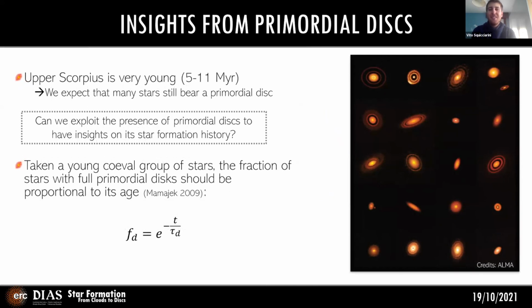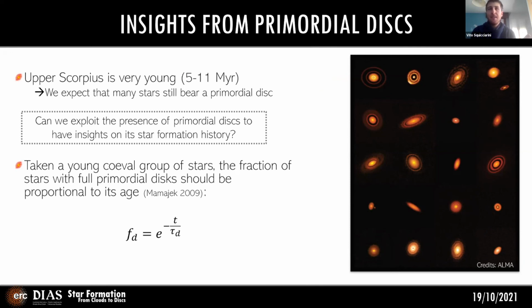And we thought of using disks in a different way from the usual way that we study disks. We know that Upper Scorpius is so young that it should have a lot of stars with primordial disks. And we also know that statistically, the number of stars within a population that still bears a primordial disk is a function of time.